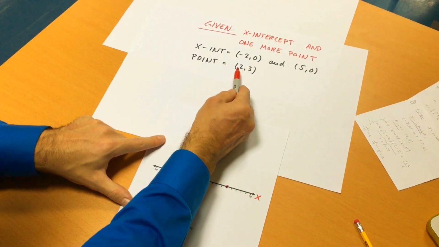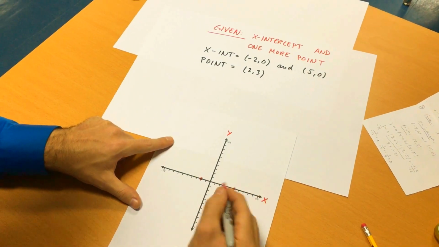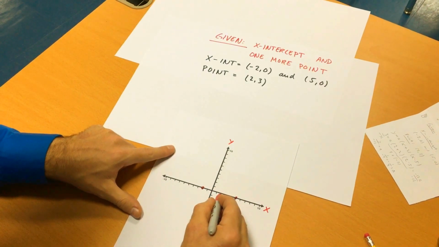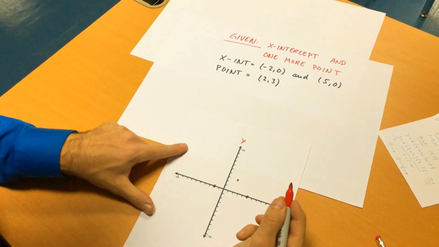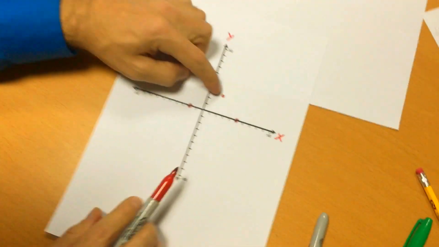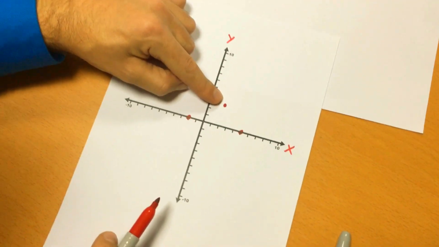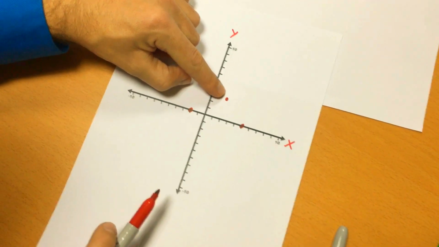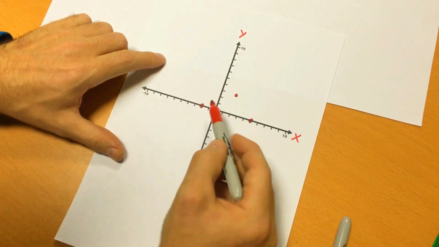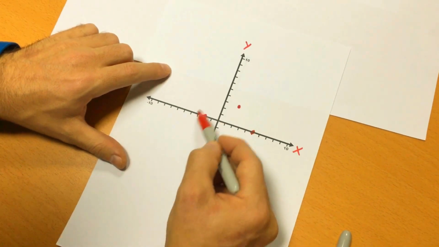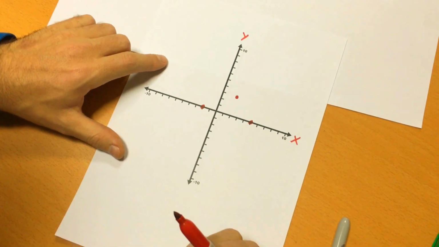This point that's given to me, 2, 3, okay, let's see where this ends up. So x equal to 1, 2, and y is equal to 1, 2, 3. So that's up here. I don't know if this point is the vertex. Is it some sort of weird symmetry point in some other way? I have no idea. I just know that the parabola will somehow go through these 3 points.